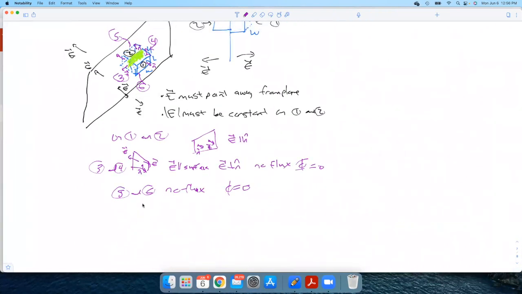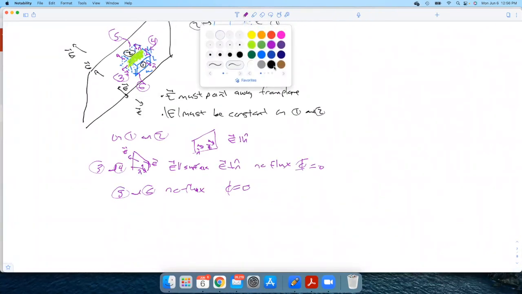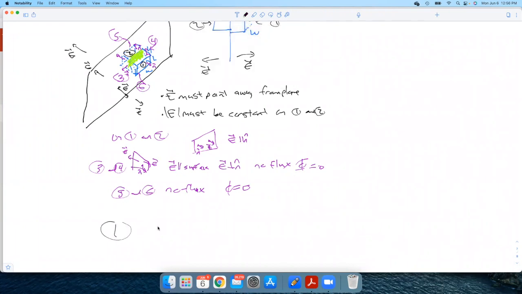Okay, then just for 1 and 2, let's just look at 1. The double integral of E dot dS, the flux. I already said E is constant on there. I already said that these two are parallel, so I can pull that constant E out, leaving the integral of dS. So I just want the surface area of that rectangle, this guy in front.